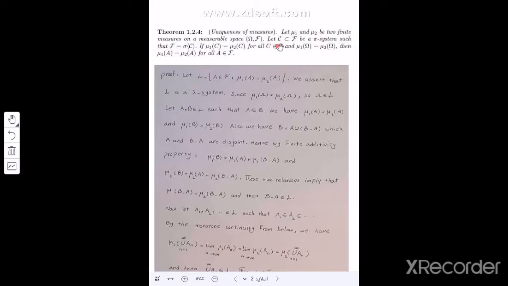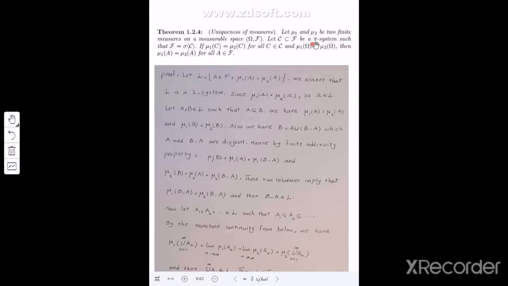Let C be a collection, a subset of F. F is a sigma algebra, and C is a subset of it. Let C be a P system. What is a P system?